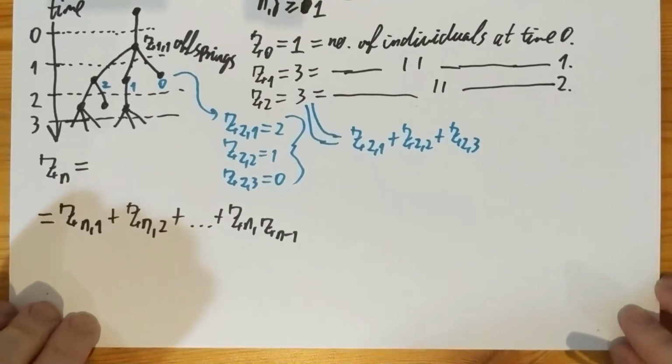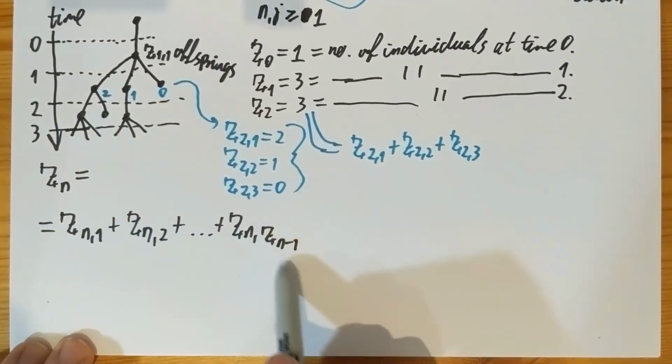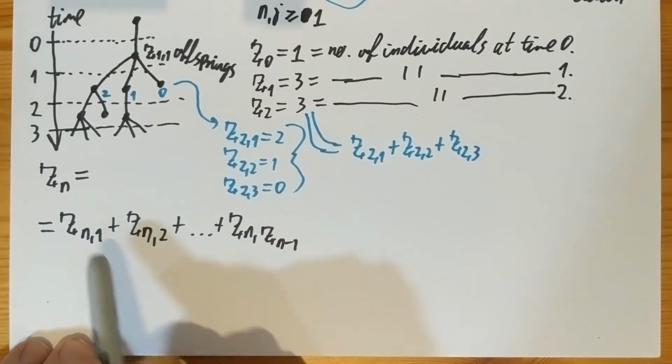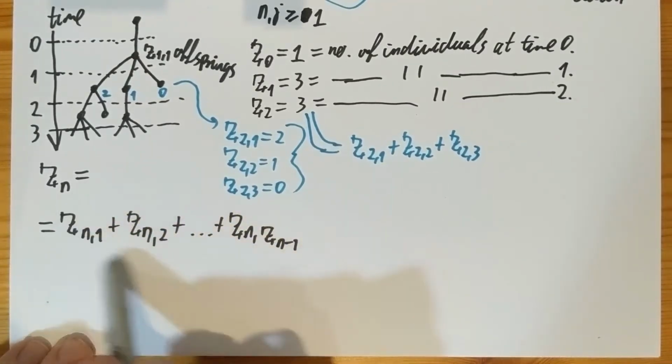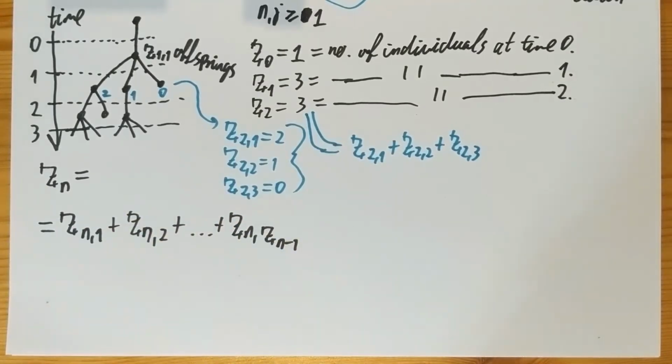So we have all the settings we need. We have IID random variables summed up to a random non-negative integer, which is itself independent of my IID random variables at time n. So we have the independence property which we need.